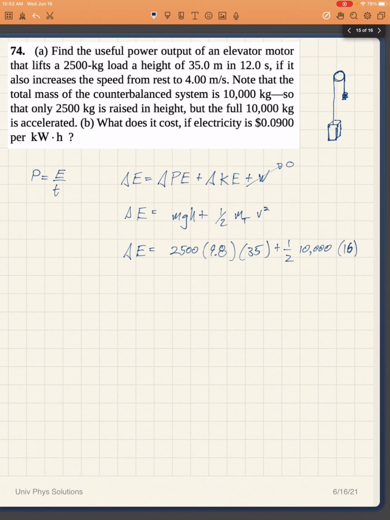And the units will of course be joules. Let's put that into the calculator. 2500 times 9.8 times 35, that'll be 857,500 joules, plus 1/2 times 10,000, that's 5,000, times 16, which is 80,000.